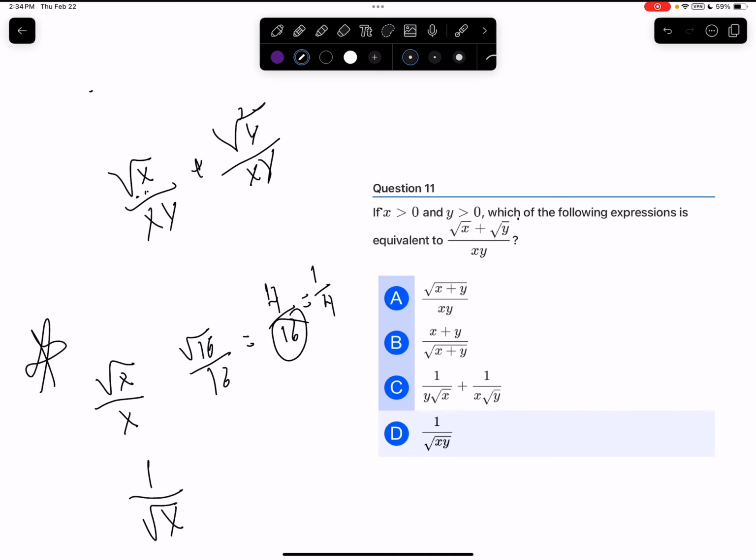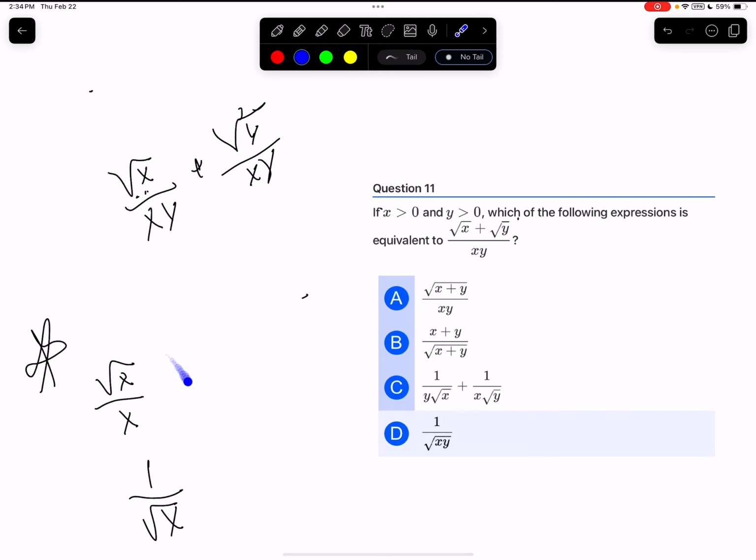So where was I going with this? Oh yeah, I was going to show you that square root of 16 over 16 is the same thing as 1 over square root of 16, which is 1/4. So you get this weird property, basically, that tells you that these two things here are the same, okay?